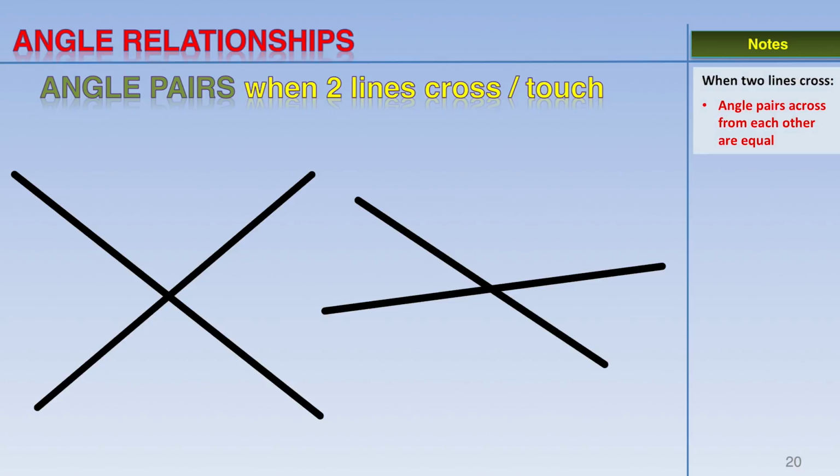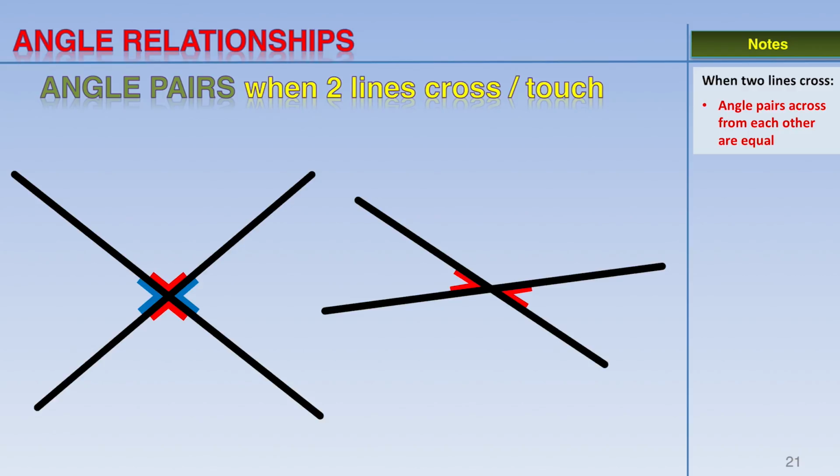Angle pairs across from each other when two lines cross are equal. So we can see that this pair of angles represented in red on the left side and the pair of angles on the right in red, those angles are equal to each other. Let's look at the blue angles.